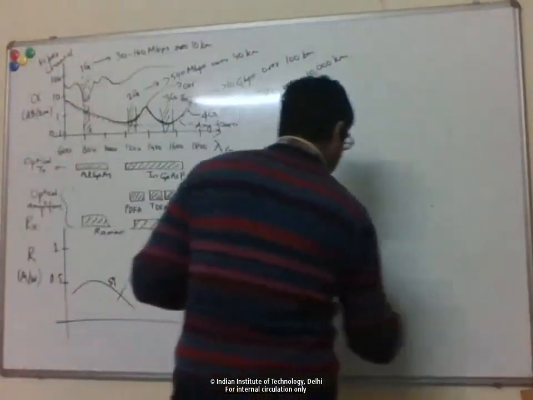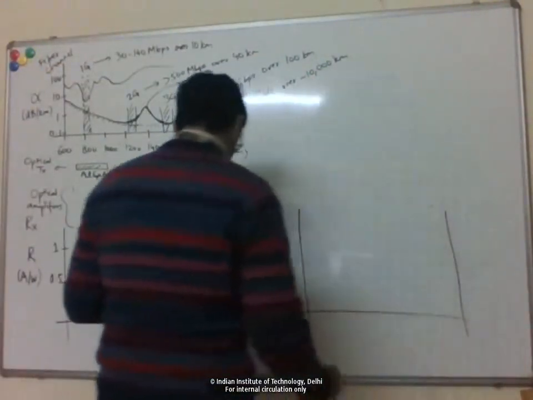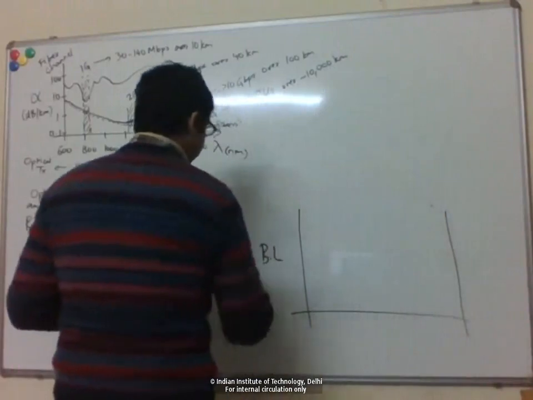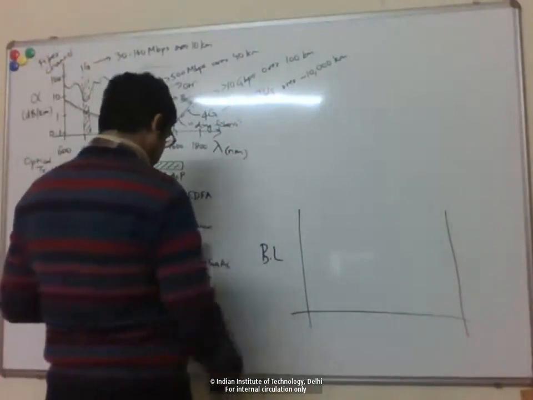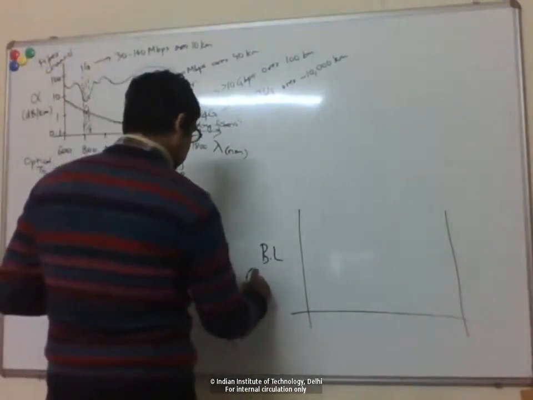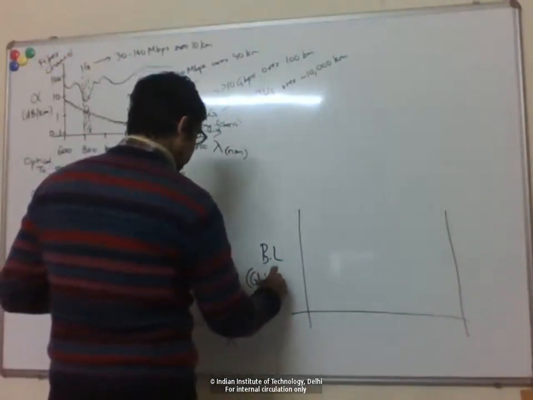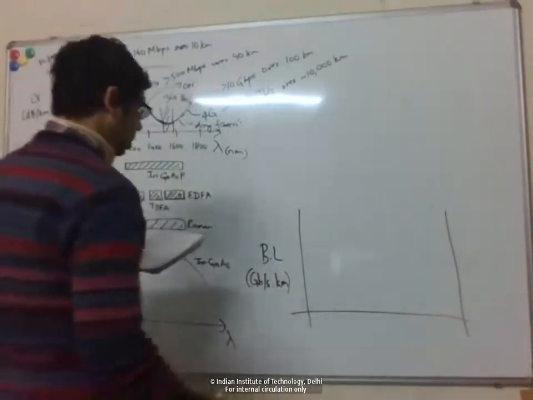So again, to encapsulate the development, if you look at this figure of merit that you saw last time, which is the data rate times the transmission distance, let's say in Gbps times kilometer, right?